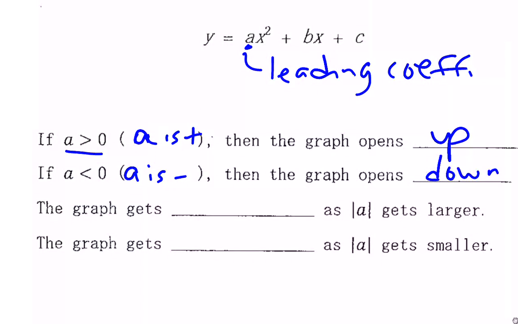The other thing that a can tell you is whether it is skinny or fat. So as a gets larger, the graph gets skinny or stretched out. If it's getting smaller, and by that I mean it's going towards 0, then it gets fatter.